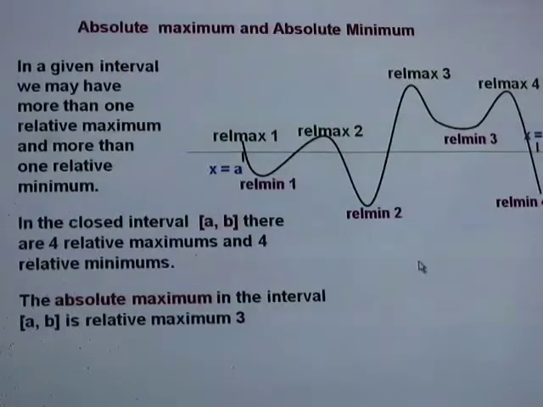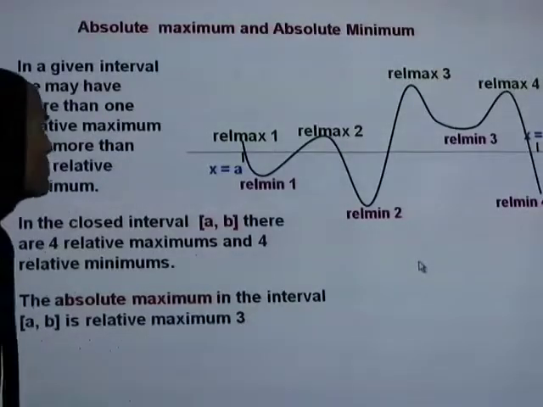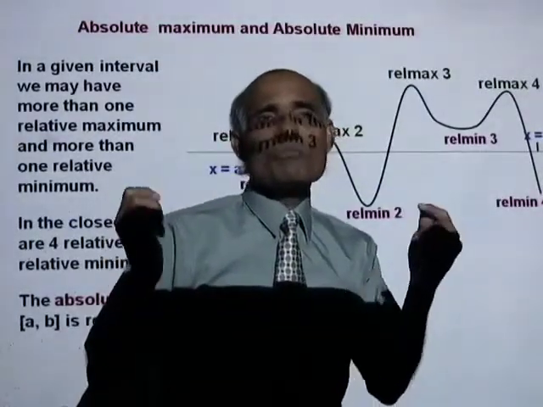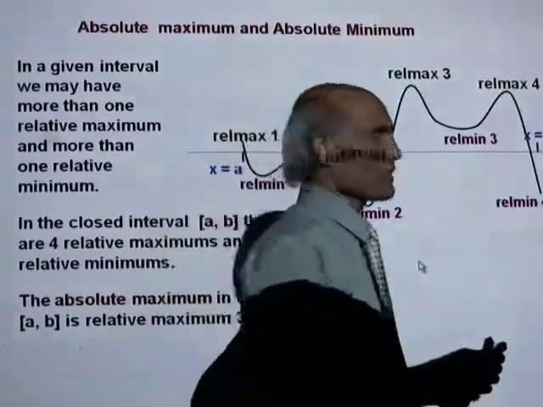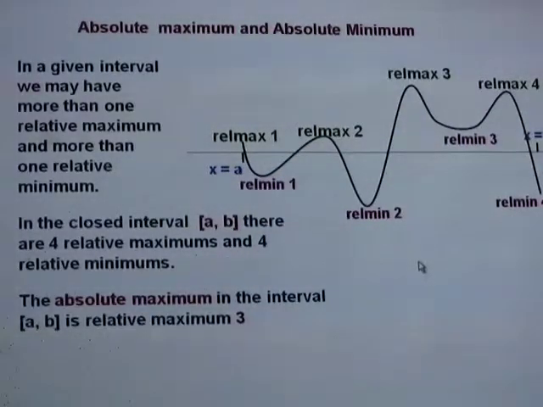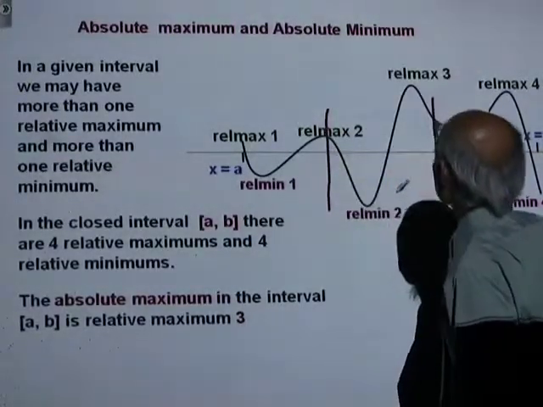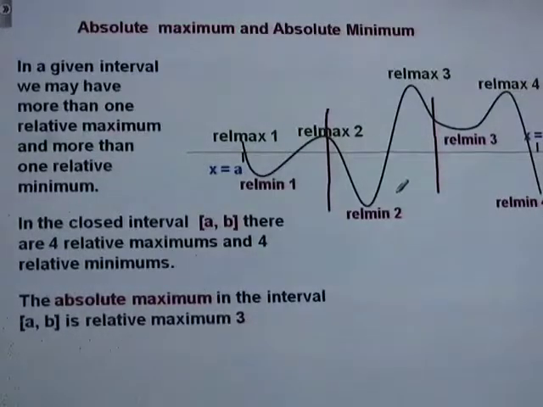Now, therefore, what do we do if we want to find the absolute maximum and absolute minimum of a function in a given interval? For example, I'm going to draw an interval here on the computer. Suppose that is your A and that is your B. Let me label that.